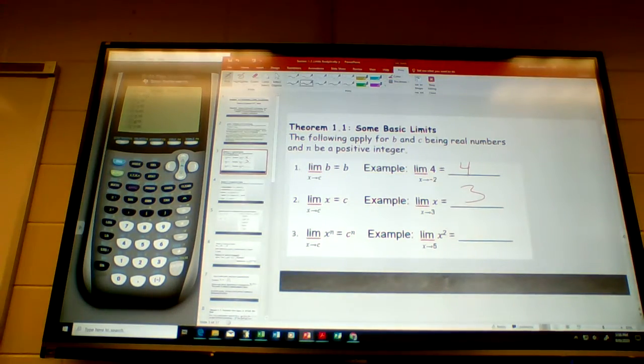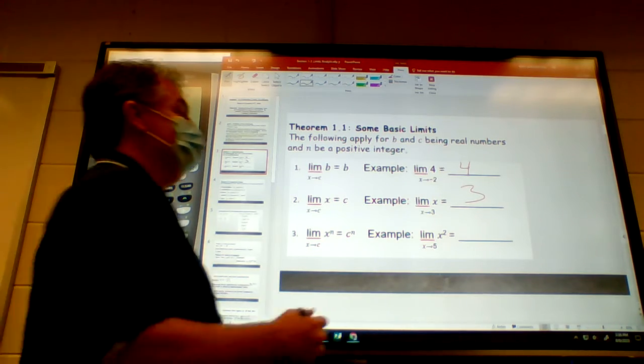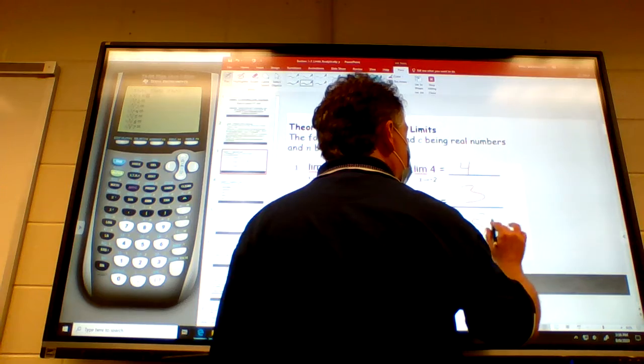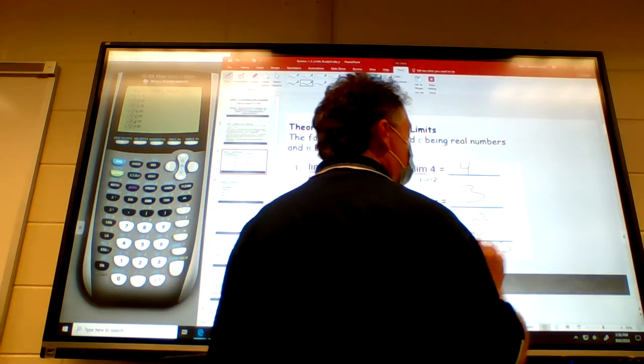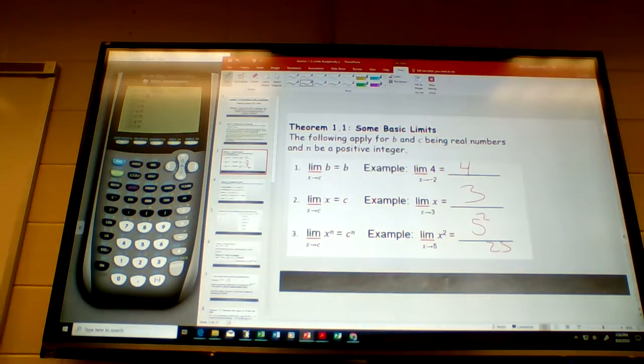The same thing here: if the limit of x^n as x approaches c is c^n, then the limit of x squared as x approaches 5 is going to be 5 squared, which is 25. Those are just some practice problems to get you back into the swing of things.